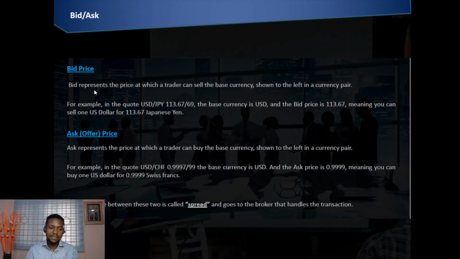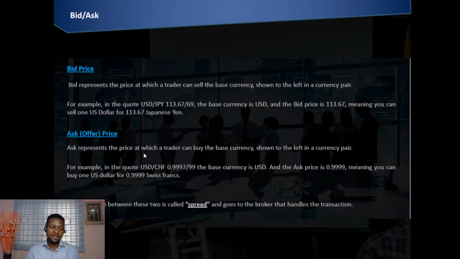For example, in the quote USD JPY 113.67 over 69, the base currency here is USD, and the bid price is 113.67, meaning you can sell $1 at 113.67.